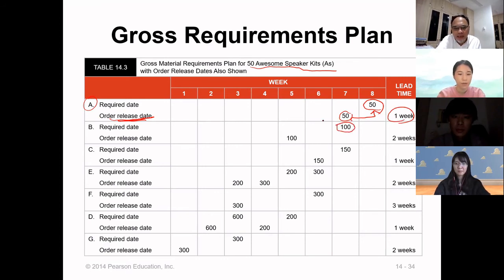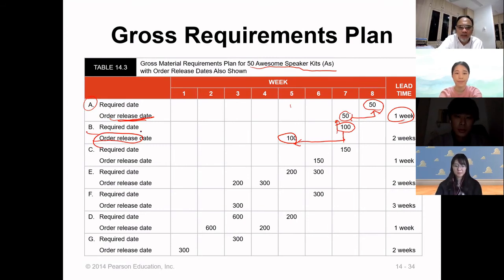But you need 100 B to produce 50. So this actually goes here. And if you work backwards at week 5, you need to have order release date. So required date, order release date.